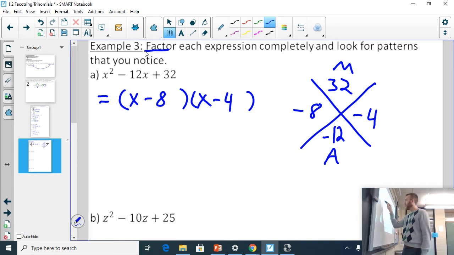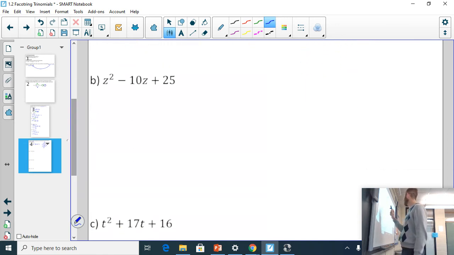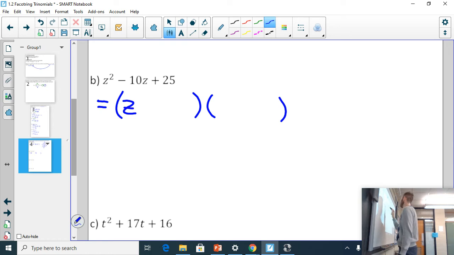And I'll show you another extra trick in a second. So this time we have z, but same thing, right? We know that it's going to look like two binomials, and I know I can stick z in both. Now, just for an extra dosage, what does this plus sign here tell me?